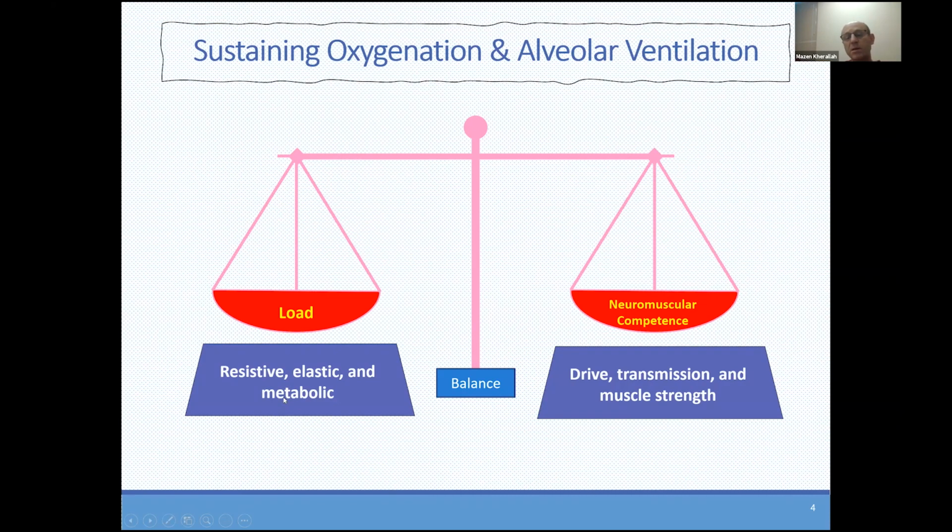If that's the case, we will see things are in balance, and we would sustain oxygenation and alveolar ventilation, and the patient would not go into respiratory failure. And that's what we call here, as I said, work of breathing.